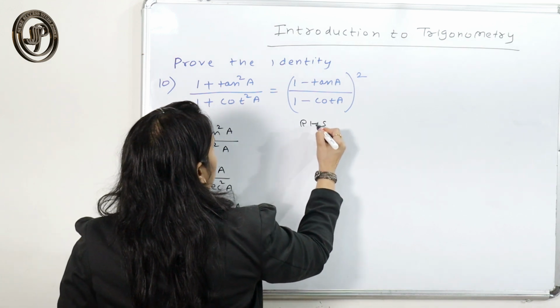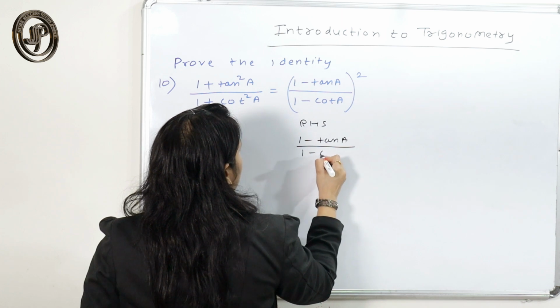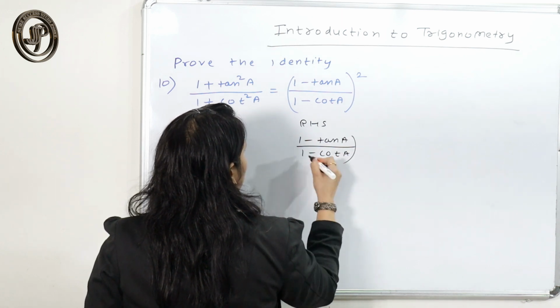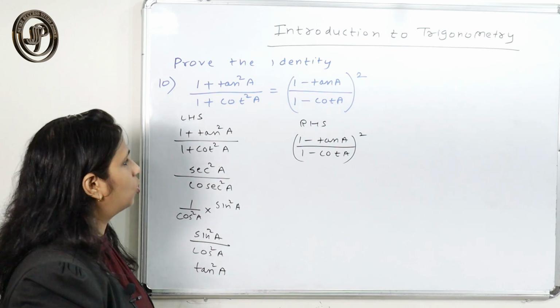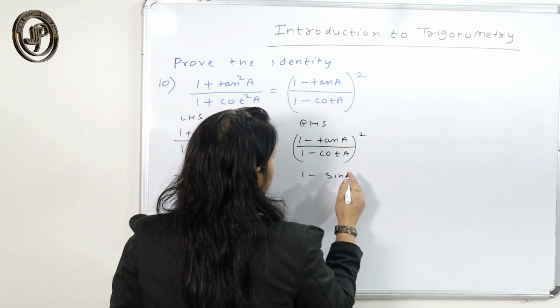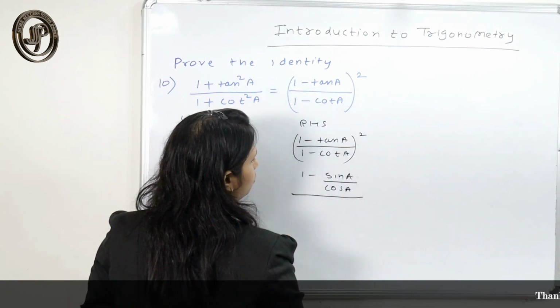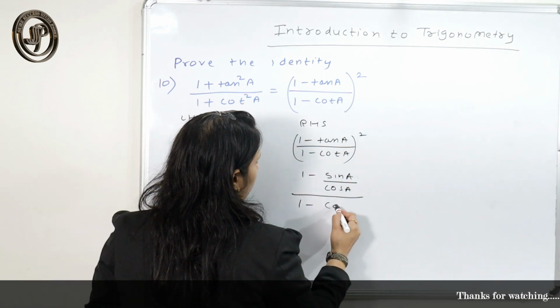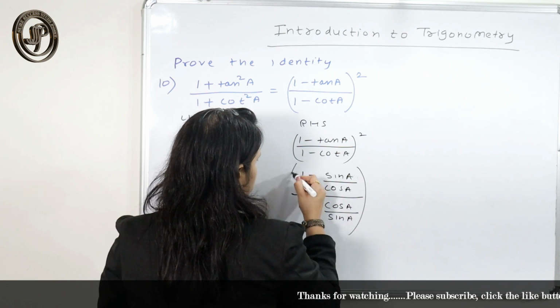Now we take RHS, ((1 minus tan A) upon (1 minus cot A)) whole square. So step number 1, first convert into sin cos form. So tan A can be converted into sin by cos, and cot can be converted into cos by sin.